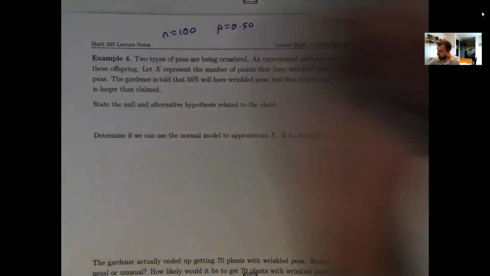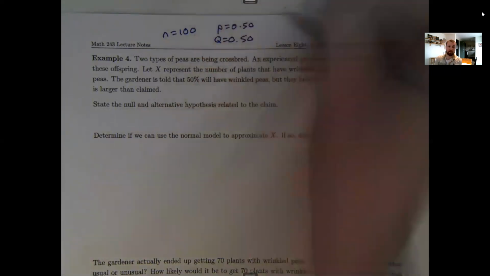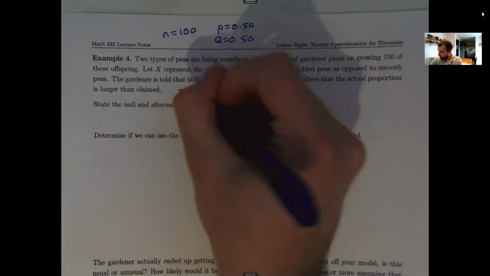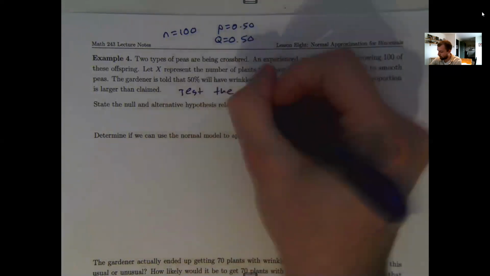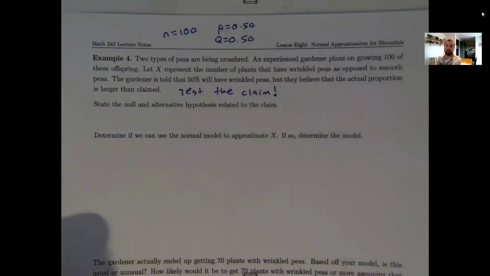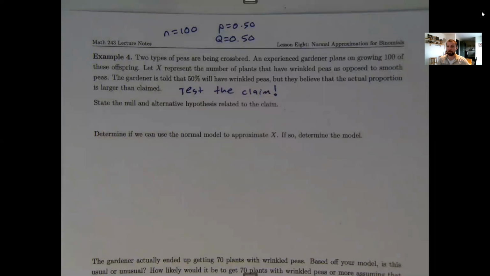And that must mean the remainder, the other 50%, are smooth. They believe the actual proportion of peas that are wrinkled is greater than what's being claimed. So we're going to test the claim and see if the p equaling 50% that they're telling me is actually a reasonable value.